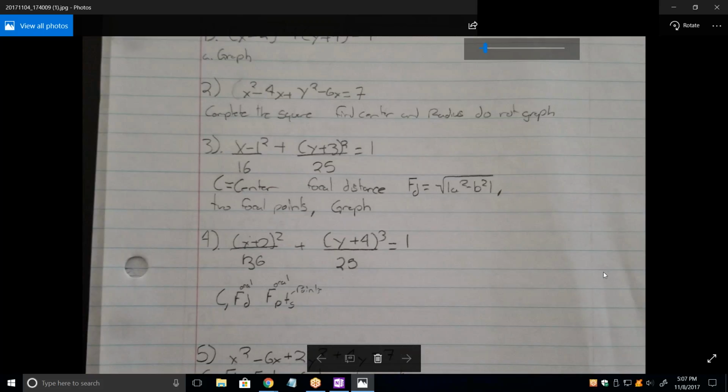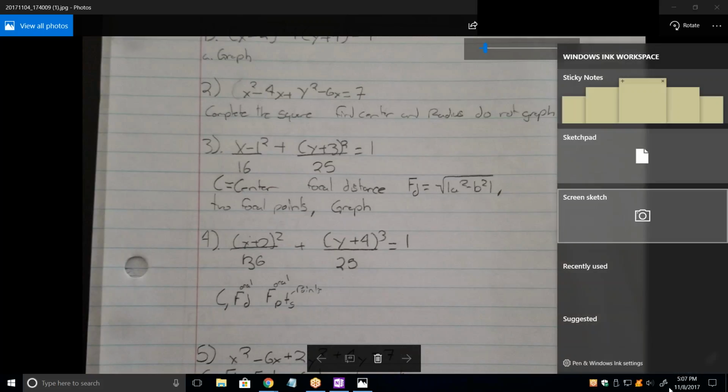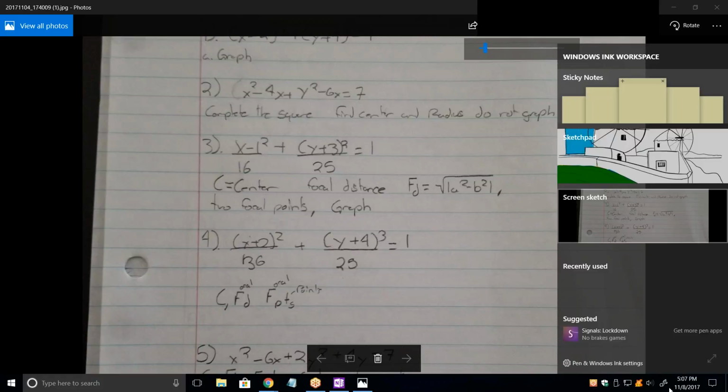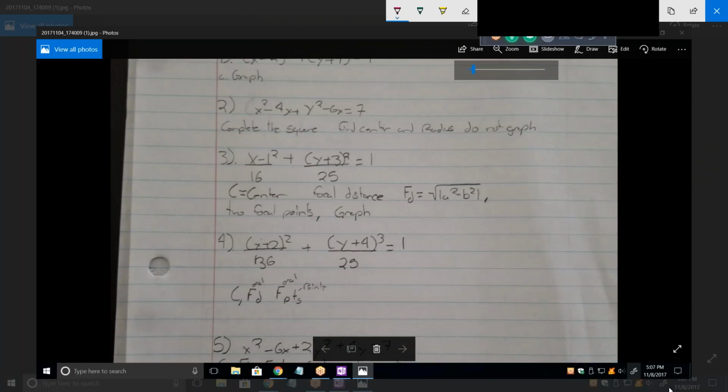So, what is this? That's an ellipse too, right? Okay. When you encounter an ellipse, the very first thing you want to figure out is whether it's horizontal or vertical. And this should be squared here, not cubed.